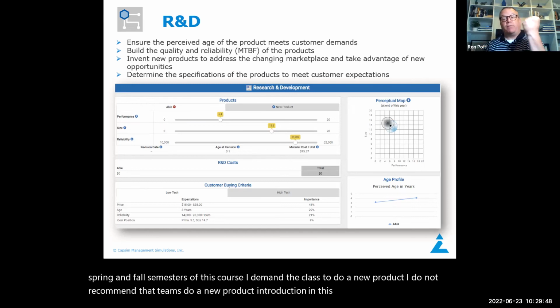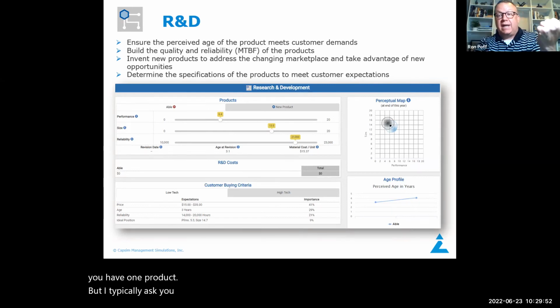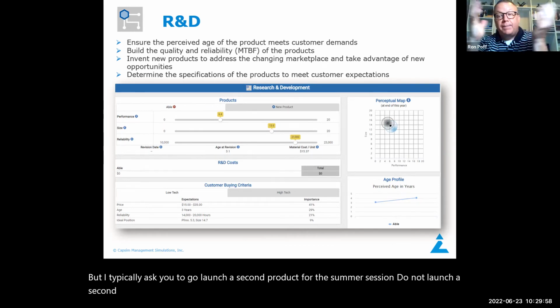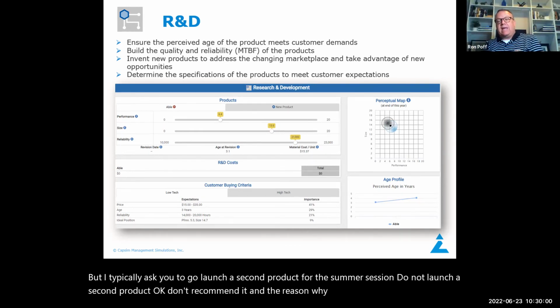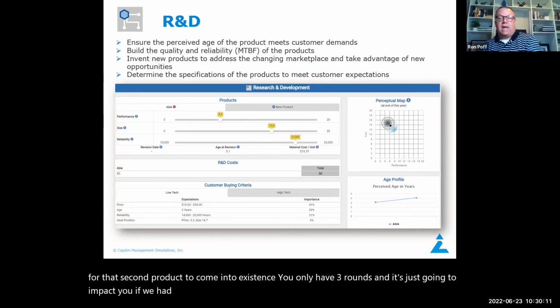What I mean by that is you have one product, but I typically ask you to go launch a second product. For the summer session, do not launch a second product, okay? I don't recommend it. The reason is it takes 1 year or longer for that second product to come into existence. You only have 3 rounds and it's just going to impact you. If we had a 4th round, I would say absolutely, we're going to definitely do that.